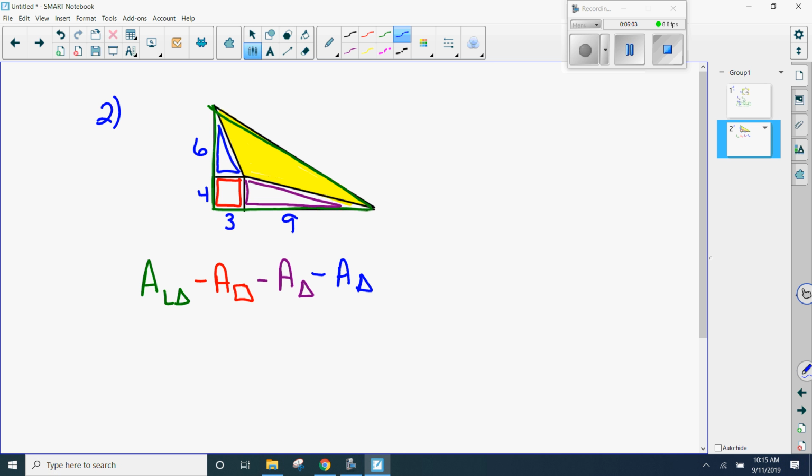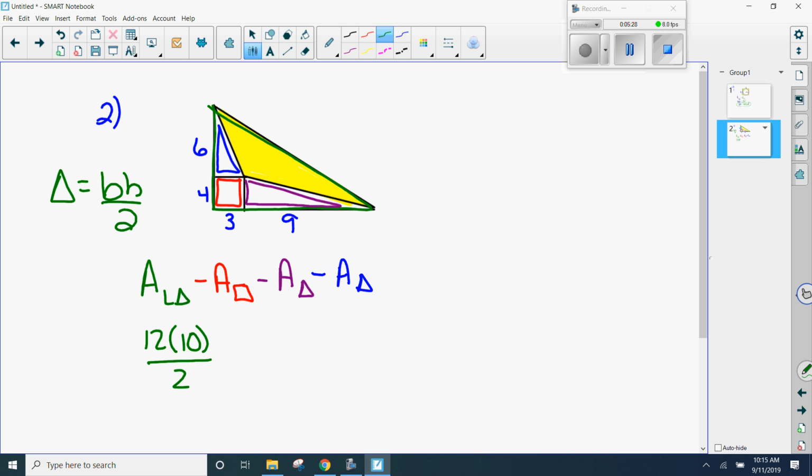You have two formulas you need to know. What's the formula for area of a triangle? Triangle is base times height divided by 2, and a rectangle is just base times height. So what is the base of your large green triangle? No, it's a sum. The base of it is 9 plus 3, which is 12, and the height is 10.